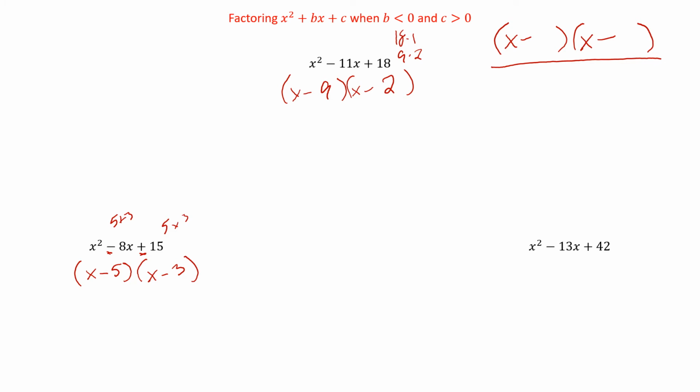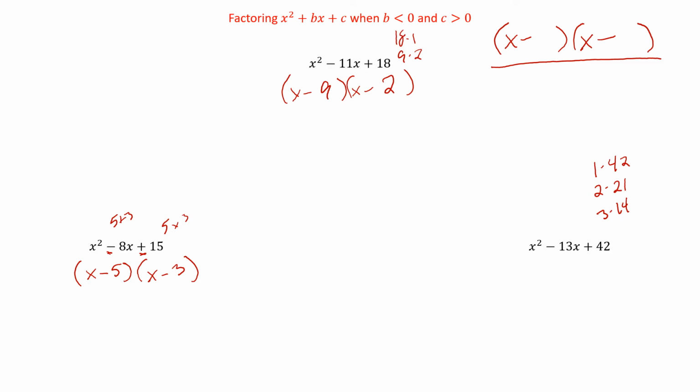So 42, well, if we go 1 times 42, add them together, that's 43. 2 times 21, add them, that's 23. 3 times 14, that adding is 17.